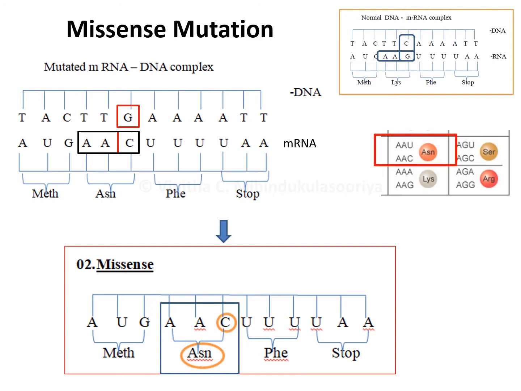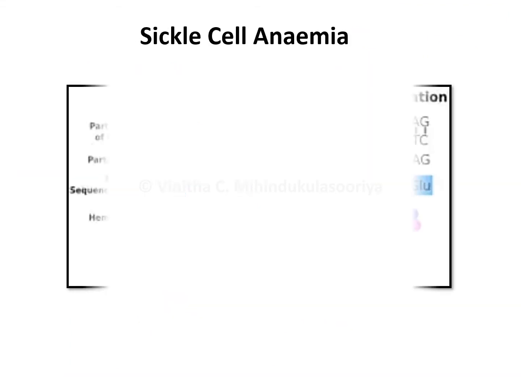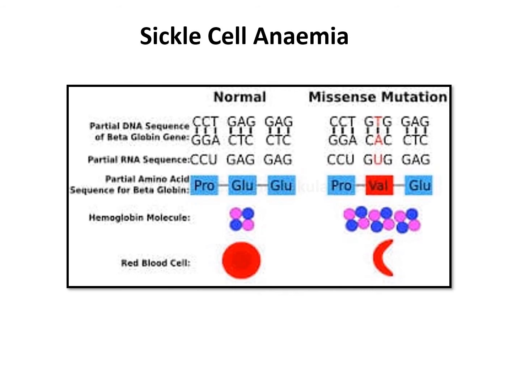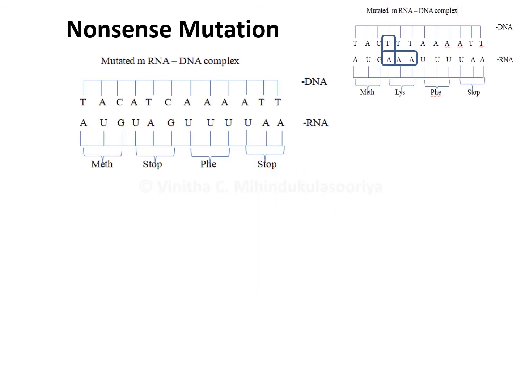Since asparagine is added to the amino acid sequence instead of lysine, the structure of the protein produced will also be changed. It will be a non-functional protein. Sickle cell anemia found in human population is an example for a missense mutation.